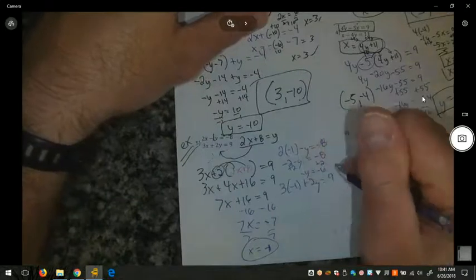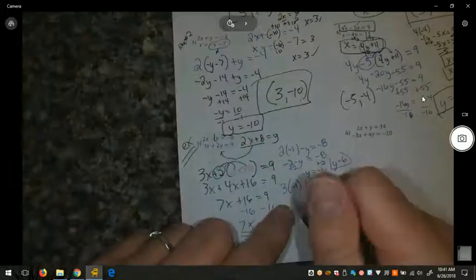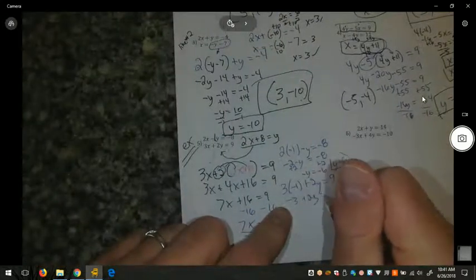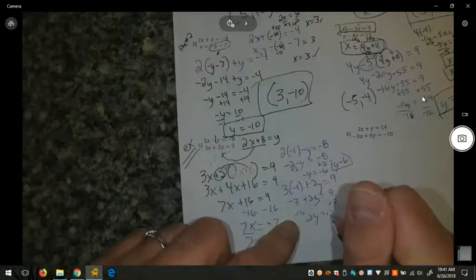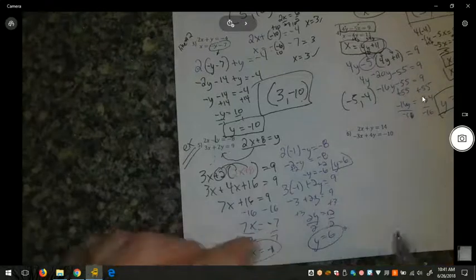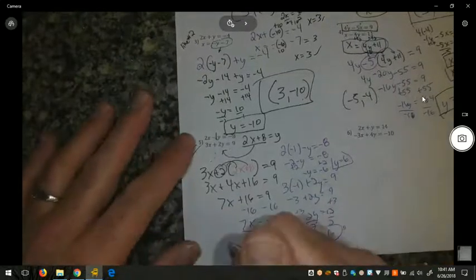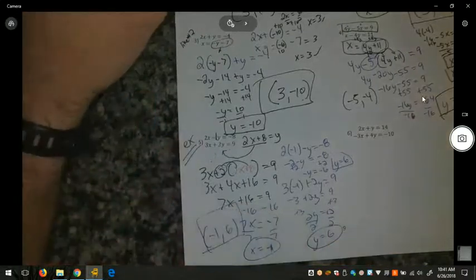Opposite of y equals negative 6, so y equals 6. In this equation, we have negative 3 plus 2y equals 9, so I'm going to add 3 to both sides. 2y equals 12. Divide by 2, y equals 6. Since it's 6 for both of those, our final solution is negative 1, 6.